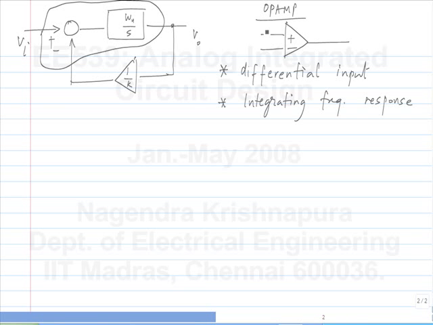So how would we use it? So for instance, let's take a simple case of an amplifier of gain K. So this is again a very familiar circuit.